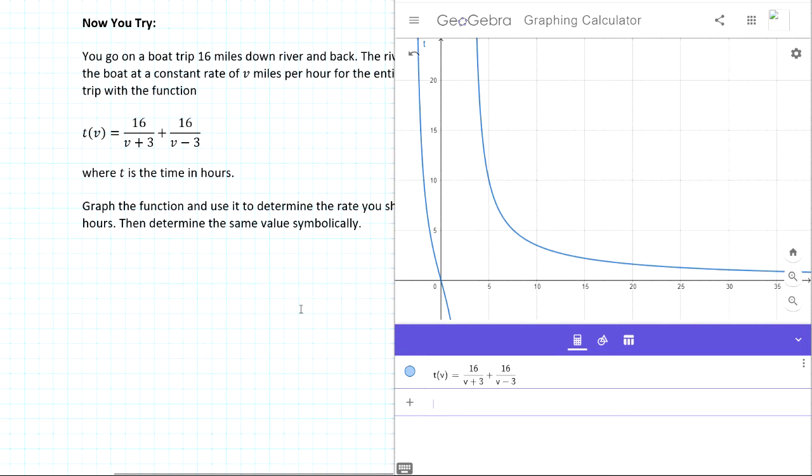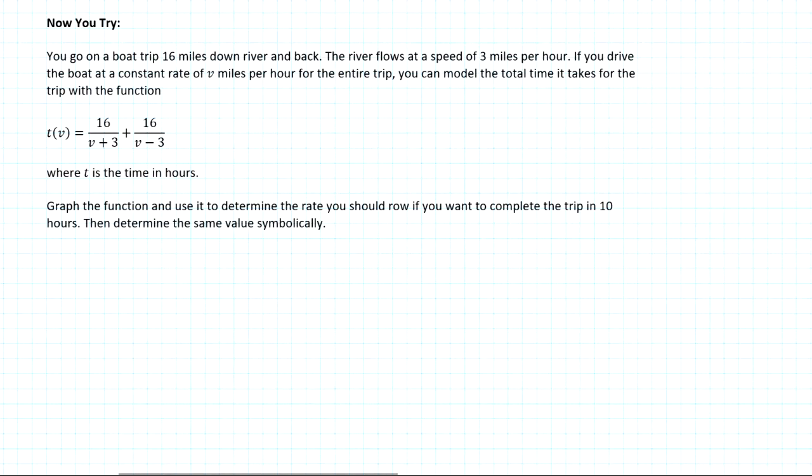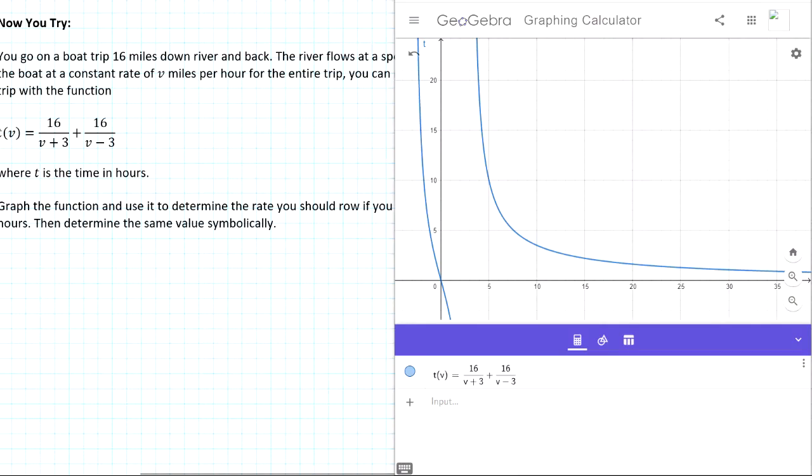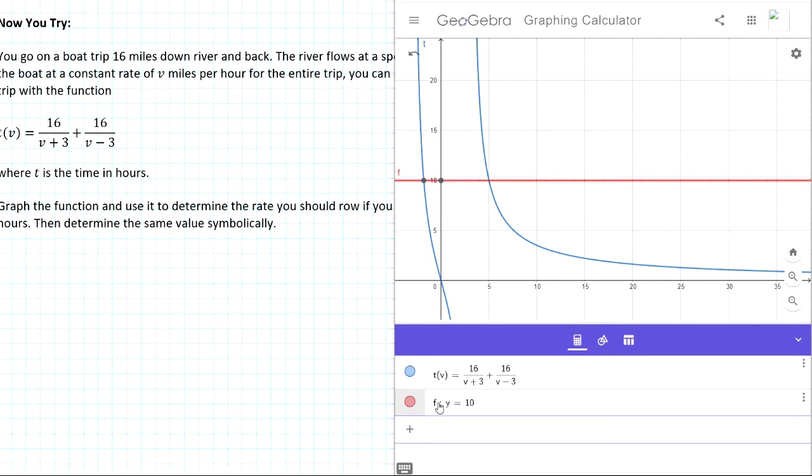Now we want to find out how fast we should go if we want to complete the trip in 10 hours. So we want to put a y equals 10 in here and look for that intersection. And it looks like it's occurring right here. But let's just confirm exactly by typing intersect of t and f.